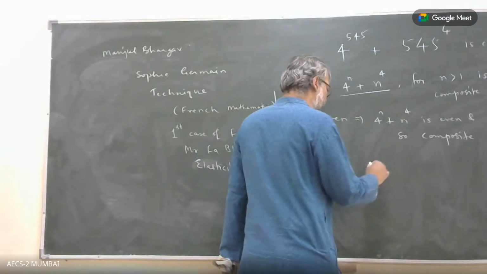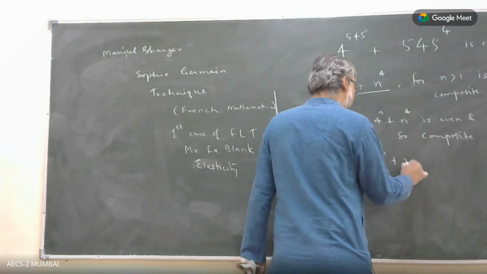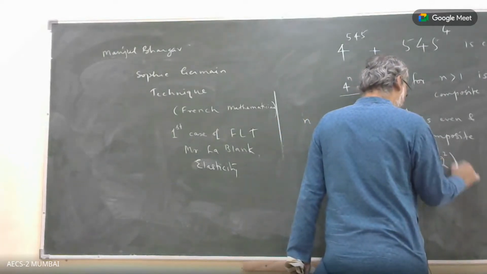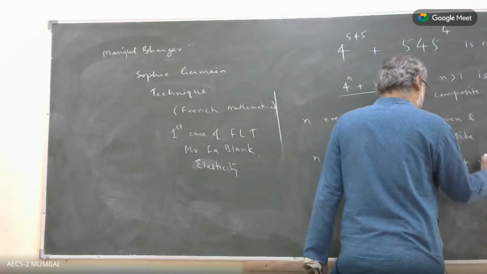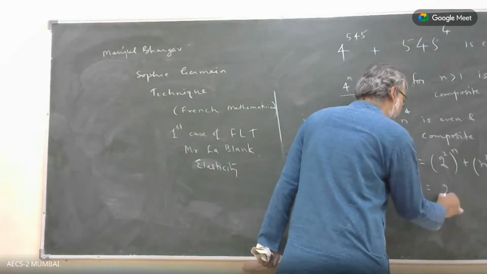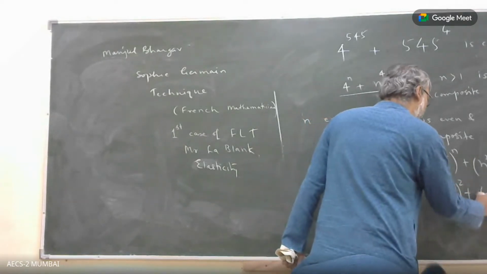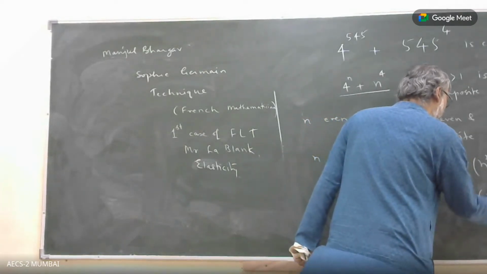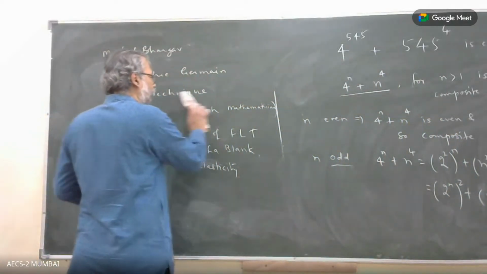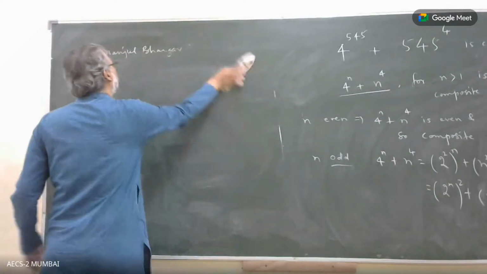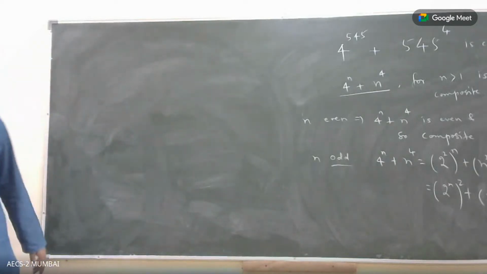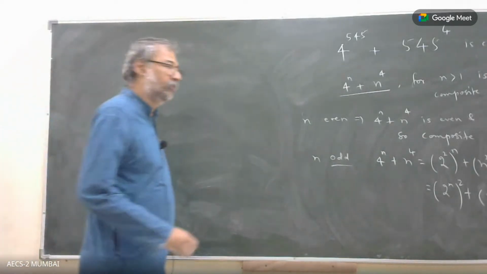If n is odd, 4 raised to n plus n raised to 4, I can write as 2 raised to 2n plus n square squared. Can I write this as 2 raised to n, squared, plus n square, squared? Right? Yes, I can.